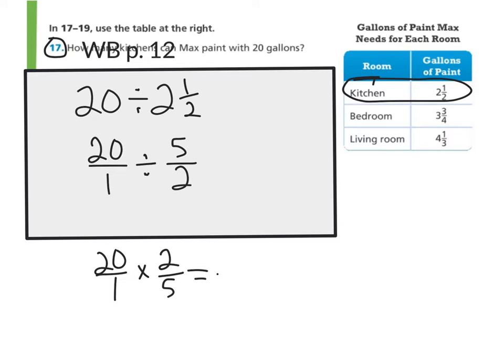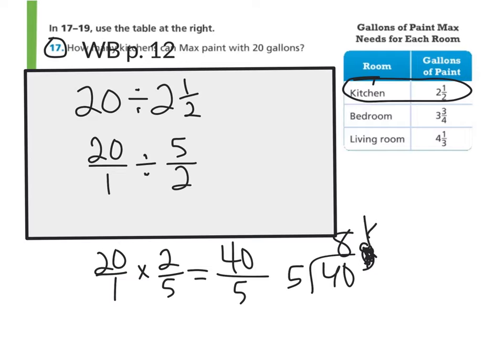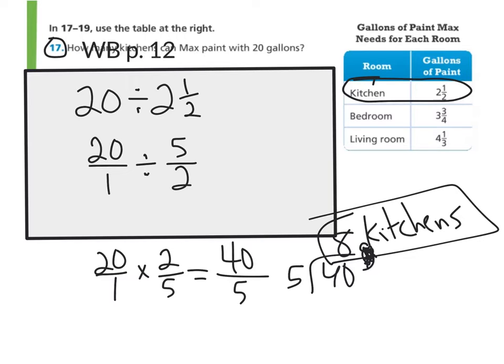So if you multiply, 20 times 2 is 40, 1 times 5 is 5. 40 divided by 5, whoops, thinking ahead here. 40 divided by 5 is 8. So we could do 8, not gallons, 8 kitchens.